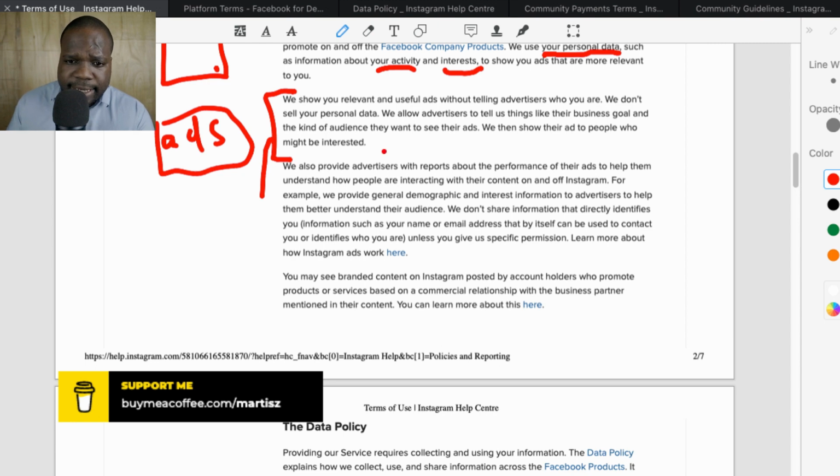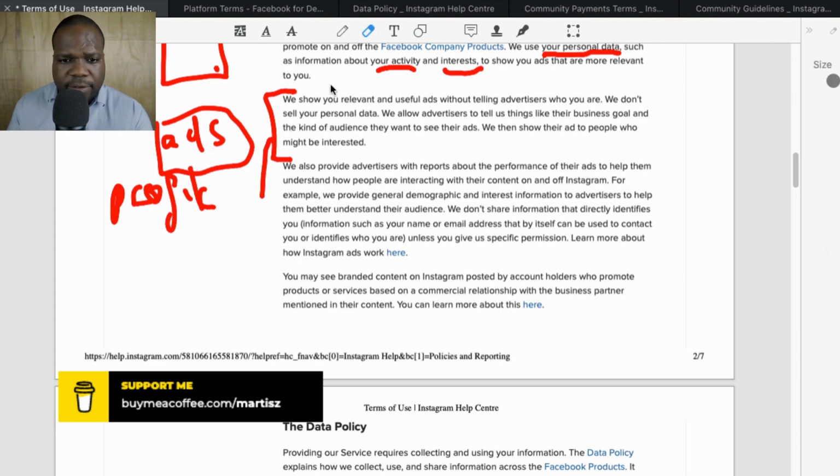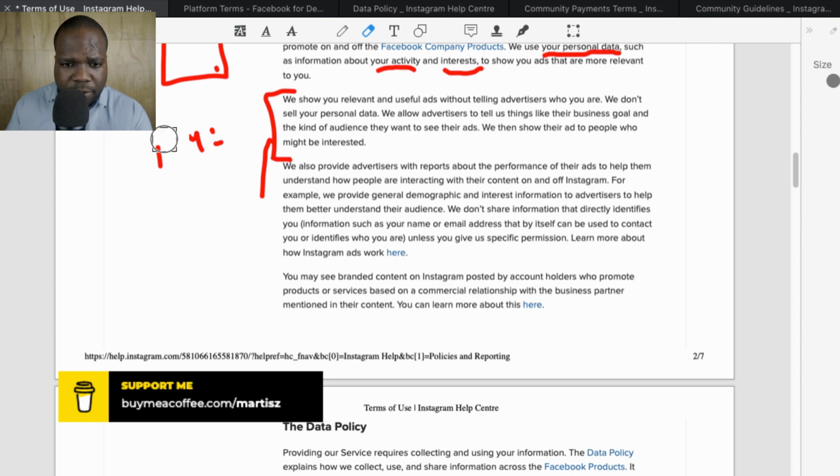And here, when you look at this, Facebook is making a profile of everyone, and based on that, they're showing you advertising. So technically, they're making a profile of you, and they're showing you some ads. So the question is, is this allowed?